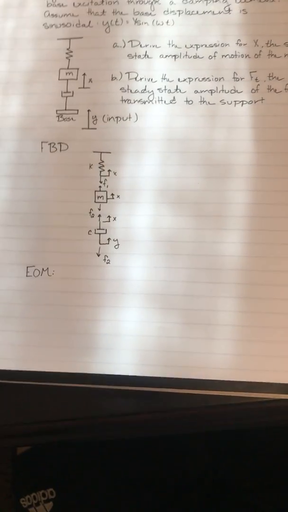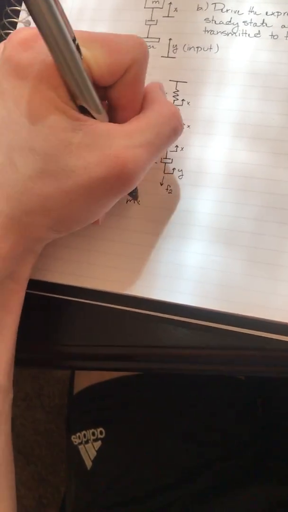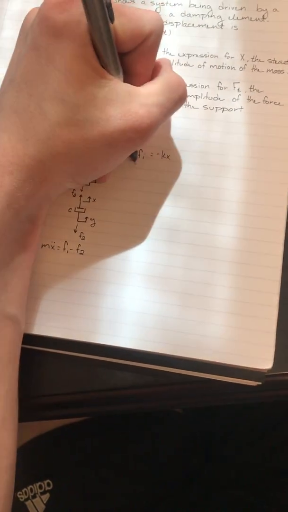After creating the free body diagram, we have to look at the equation of motion, which comes out to m x double dot is equal to F1 minus F2. F1 is equal to negative kx, while F2 is equal to c times x dot minus y dot.